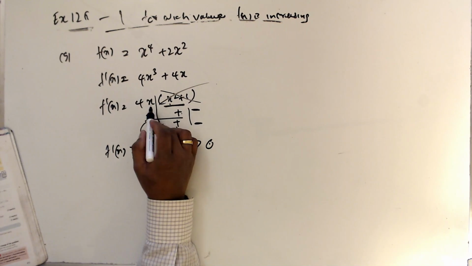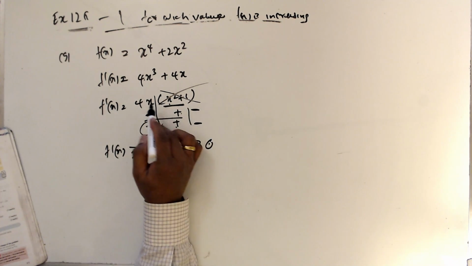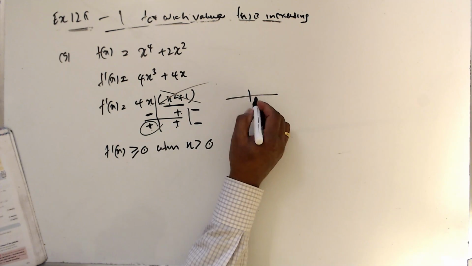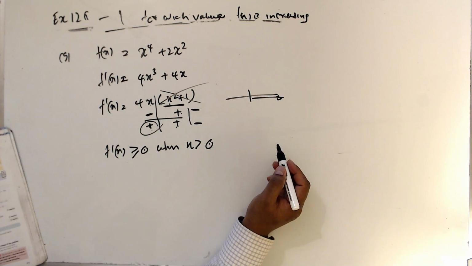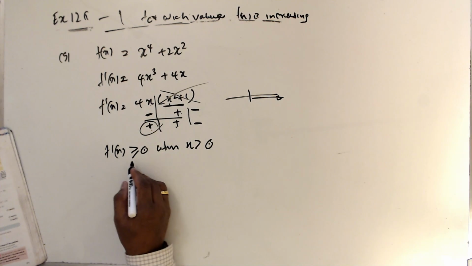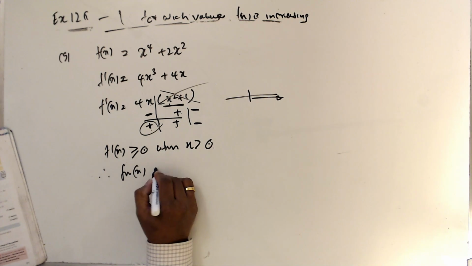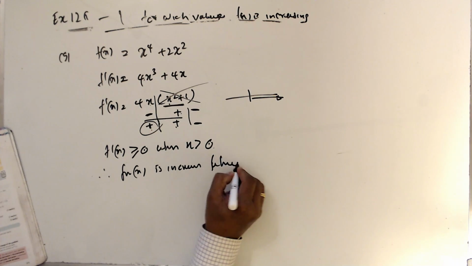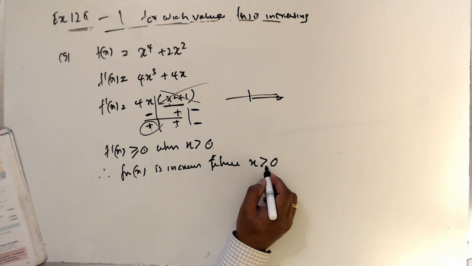Still, if you are not sure, put a negative x value, so this f dash x is going to be negative. Put any positive x value, then it is going to be positive. Basically, f dash x is positive for all positive x. f dash x is greater than 0 when x is greater than 0. Hence f is increasing when x is greater than 0, or we can consider equal to 0 as well.